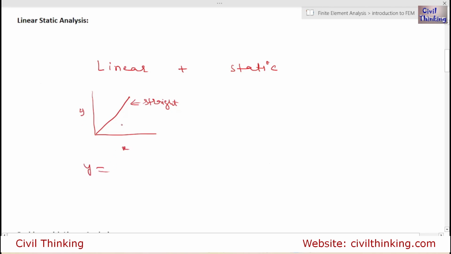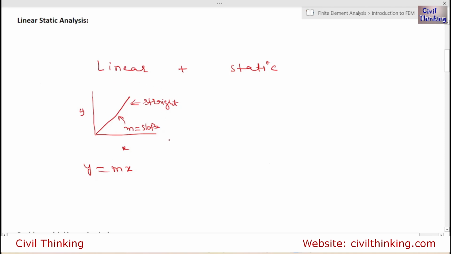Then we can represent this straight line with the help of an equation y equal to mx. What is m? m is the slope. When you see such kind of analysis where a straight line or linear line is involved, we call it linear analysis.